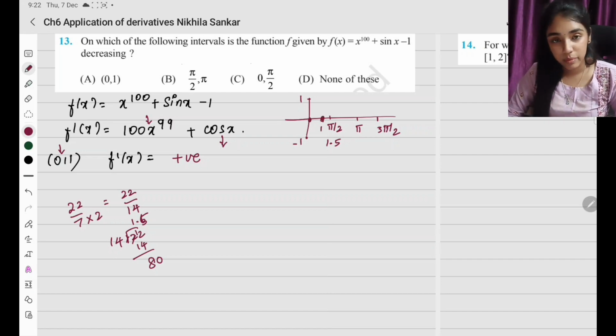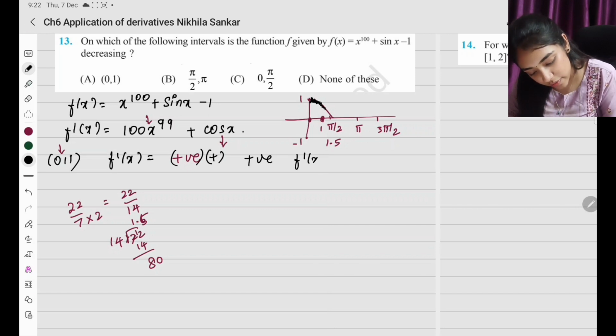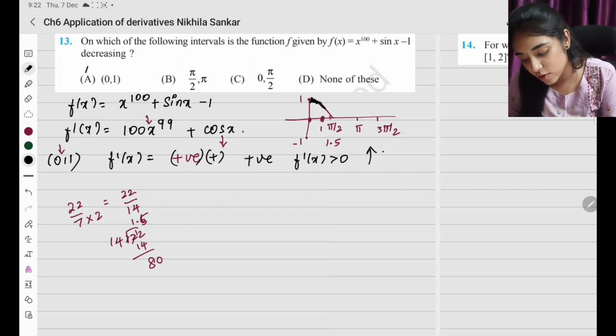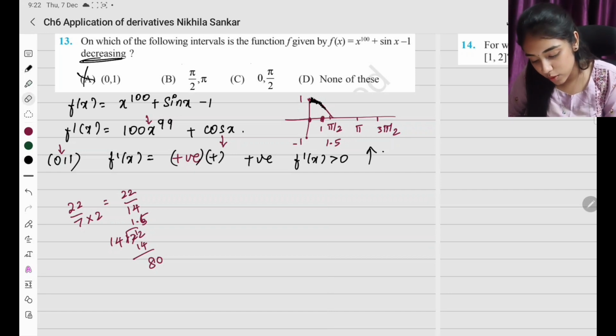The cos graph is going to be something like this, and the values are all positive from 0 to 1. So the cos function is also positive. Two positive values, overall positive. So f dash of x is greater than 0, which means it is an increasing function. This is not what we are looking for, since we want decreasing.